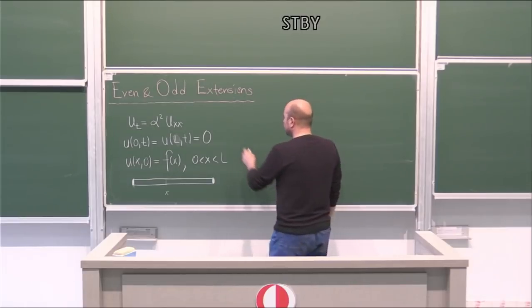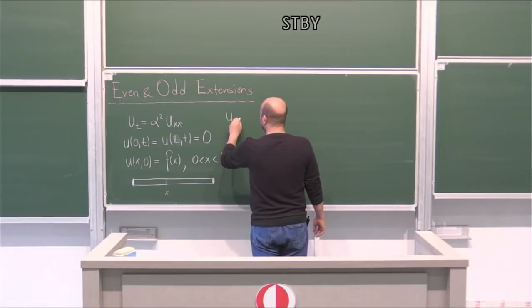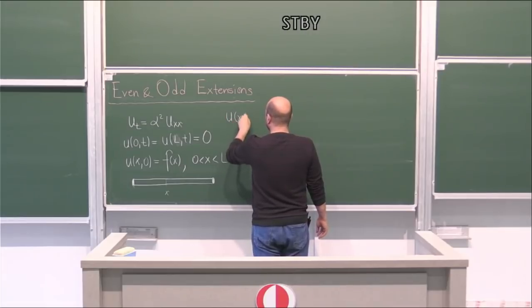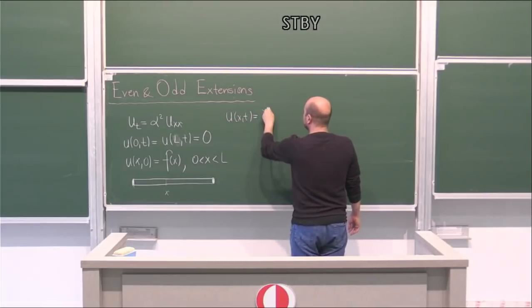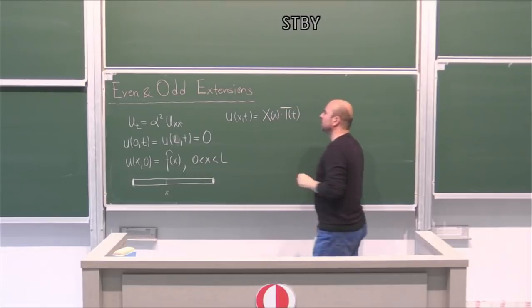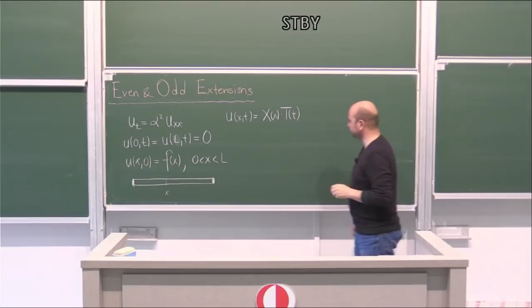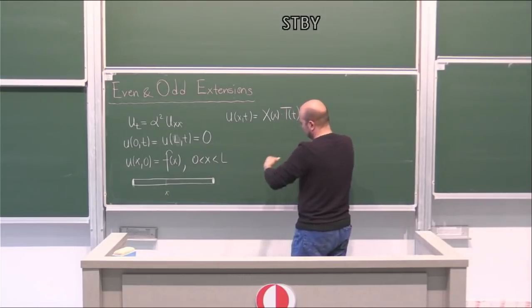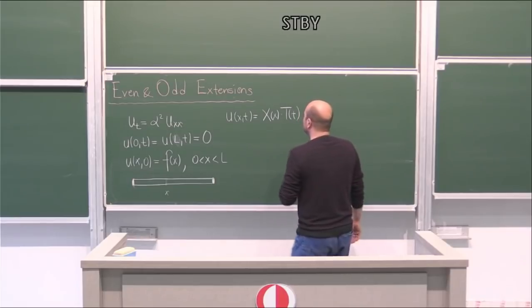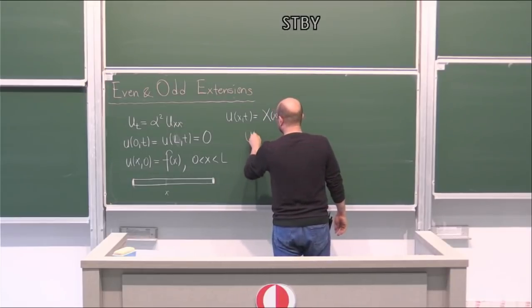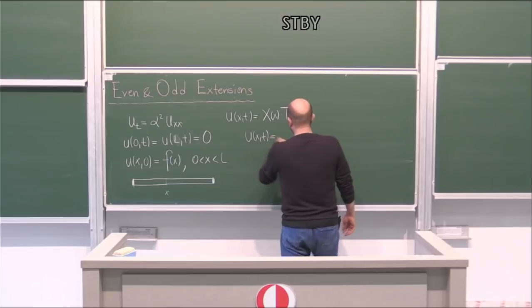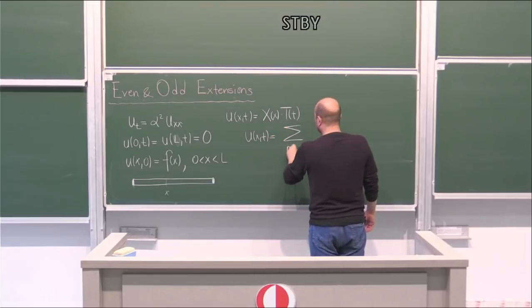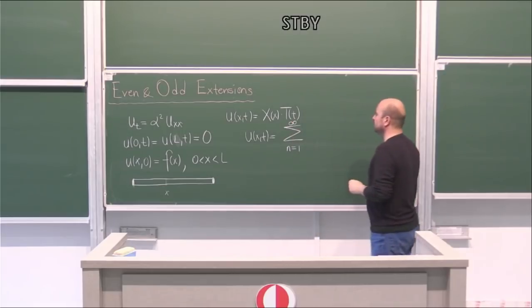So by using the separation of variables, we made the following assumption: u(x,t) equals X(x) times T(t), and with this assumption, we were able to get the following. You know all these steps. So the solution was given as a series.